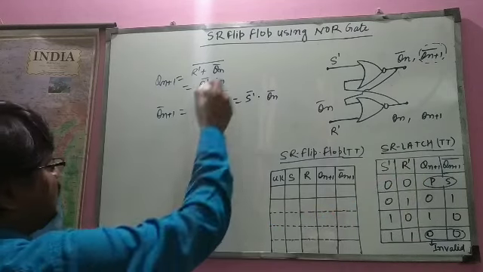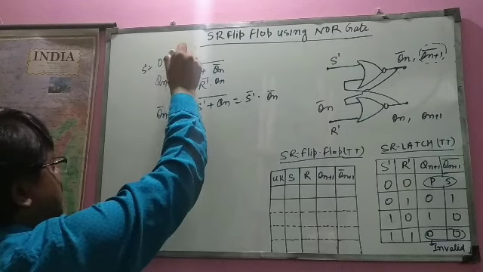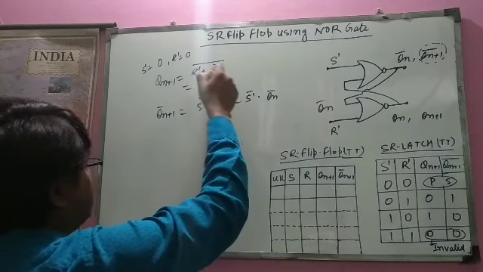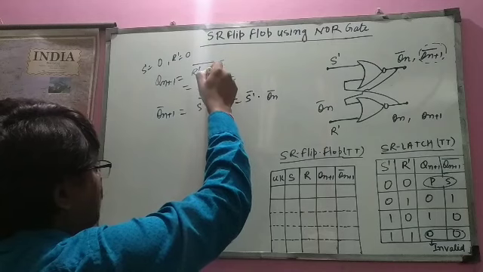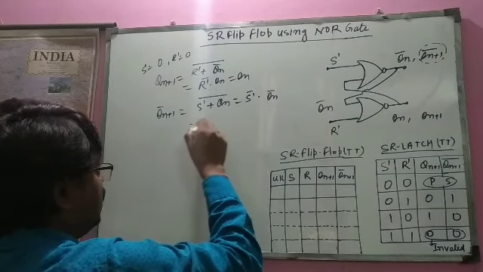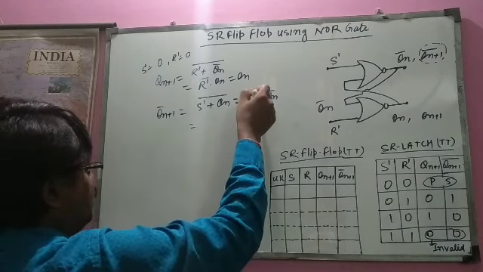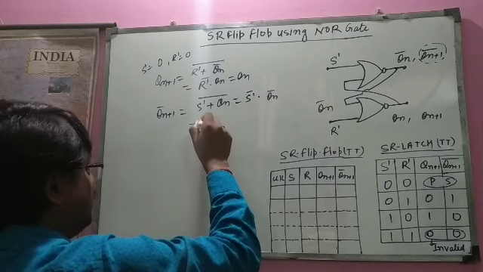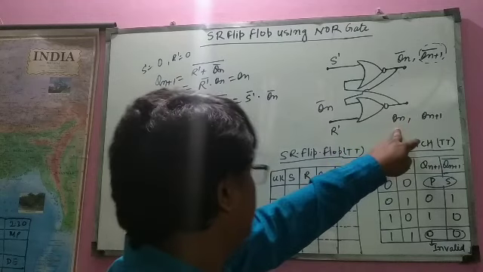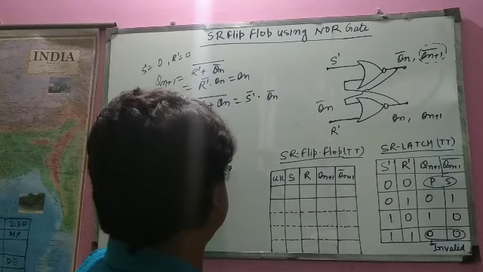Okay, so let us suppose S dash is 0 and R dash is 0, so what will happen? This R dash is 0, so 0 bar means 1 into Qn, so it will be Qn. And S dash is also 0, so 0 bar means 1 into Qn bar, so it will be Qn bar. So Qn plus 1 is Qn, and Qn plus 1 bar is Qn bar.